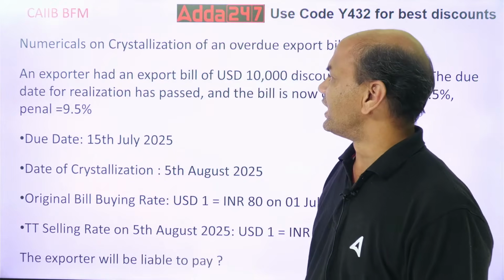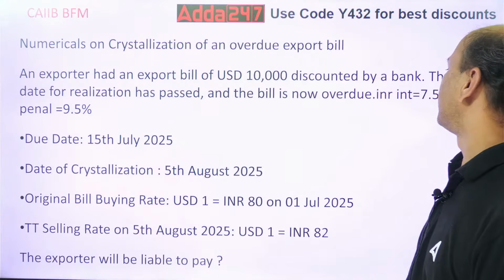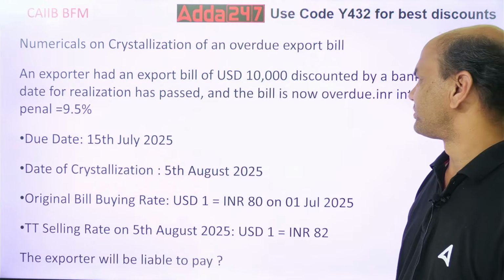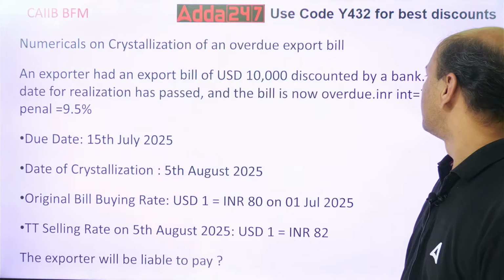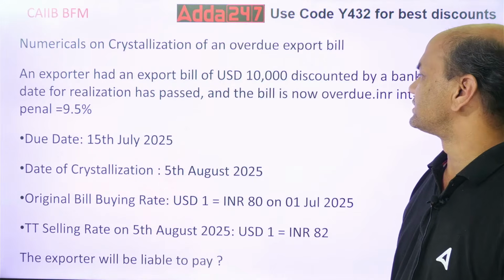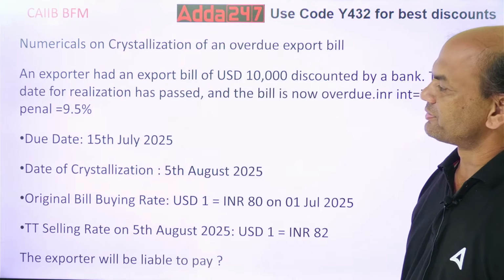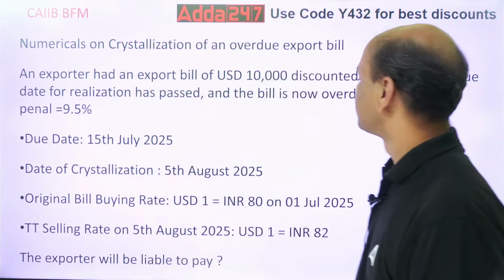An exporter had an export bill of USD 10,000 discounted by the bank. The due date for realization has passed and the bill is now overdue. INR interest is 7.5%. Penal interest is 9.5%. Due date is 15th July.